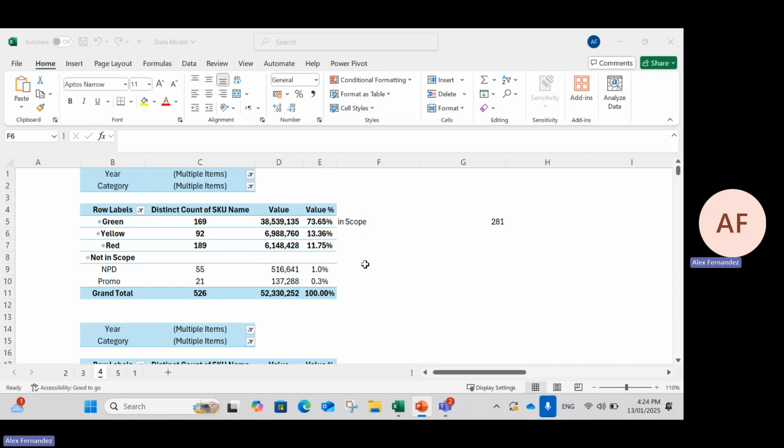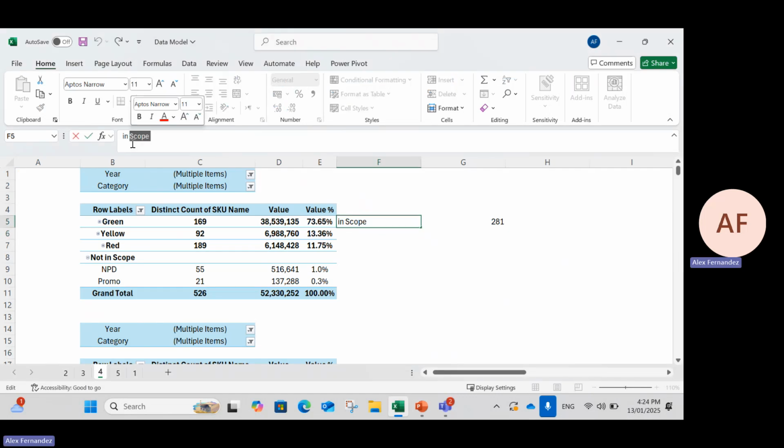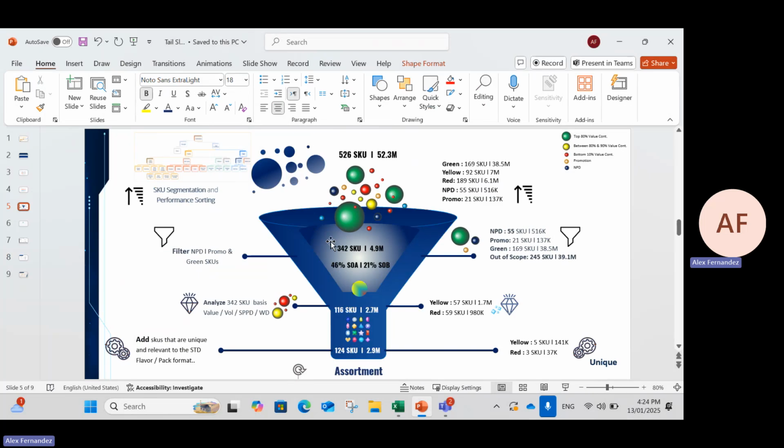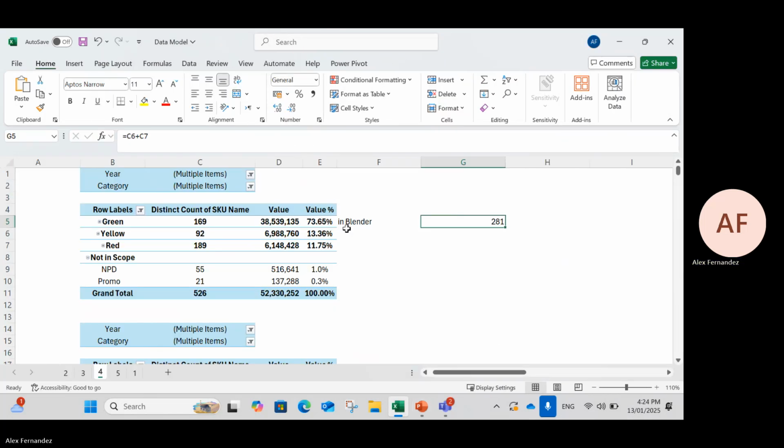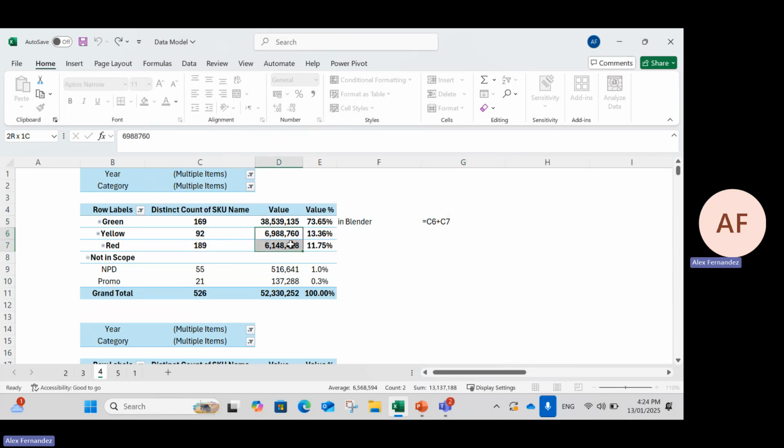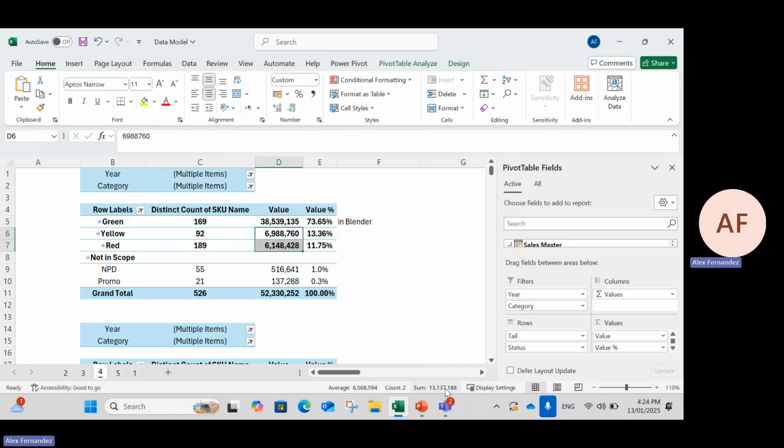So we put here, in blender, 281 SKUs. And these 281 SKUs are 13.1 million.